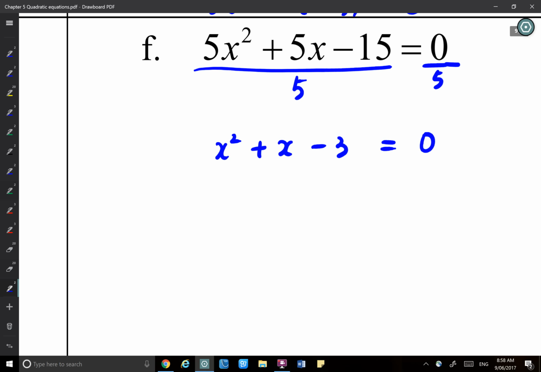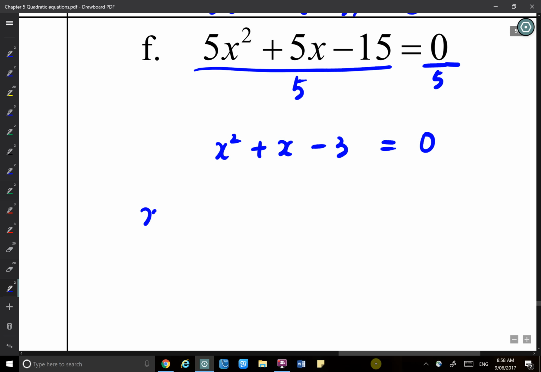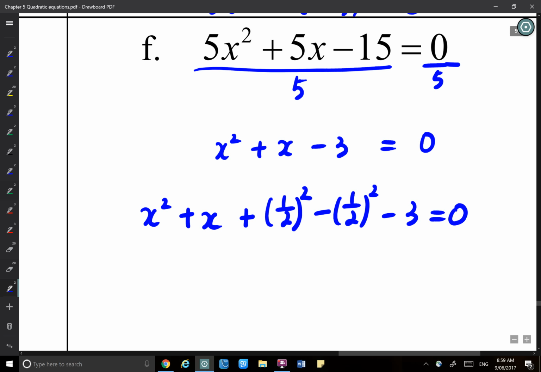So we have that. 3 can't make a 1. So complete square, x squared plus x plus, okay, what's the coefficient for this x? 1. So half of that is a half. Plus a half squared, I will minus a half squared. And minus 3 equals 0.